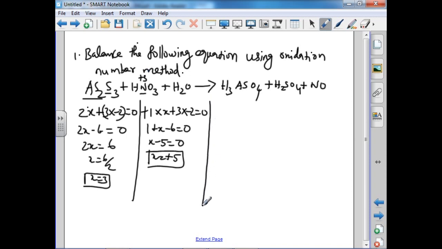From the product side, H plus 1 is the oxidation state, 3 is the number of atoms present in the molecule, plus As arsenic as x, plus 4 into -2, the oxidation number of oxygen.